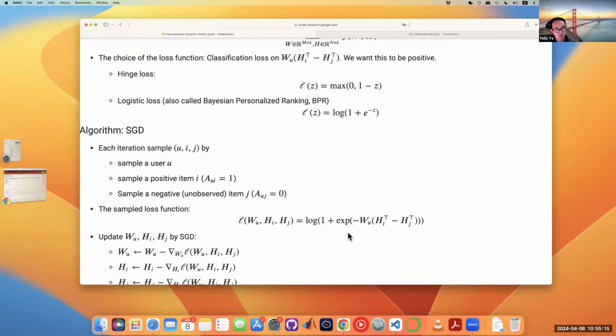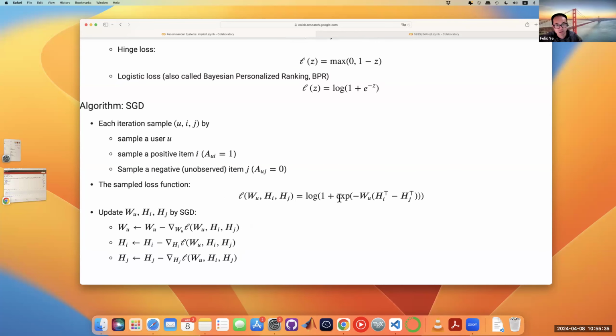With that, you can do stochastic gradient descent, all right? For each iteration, you sample a user U, and a positive item I, and find a negative item, which is unobserved, A_UJ equal to 0.